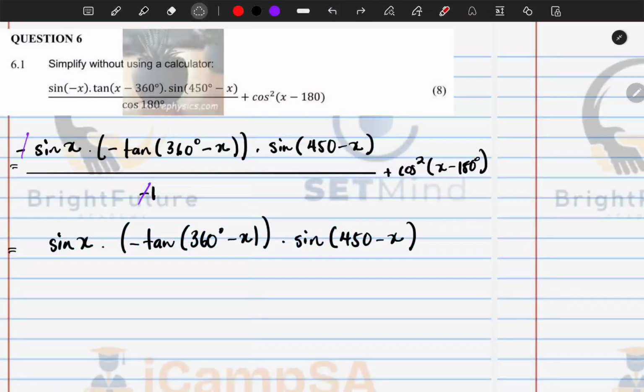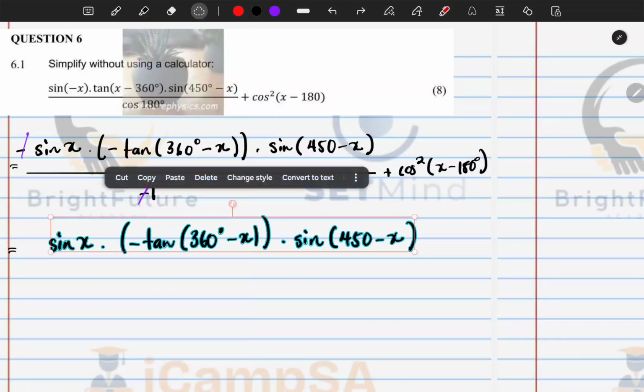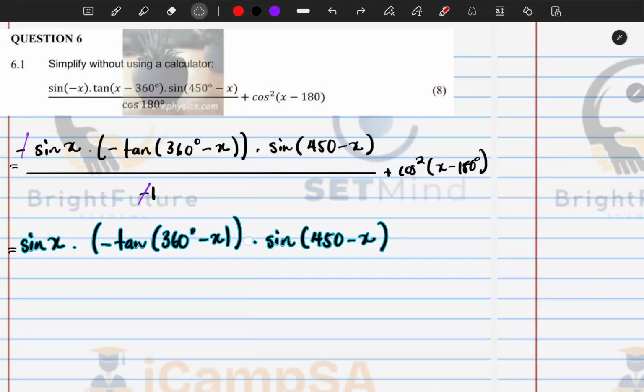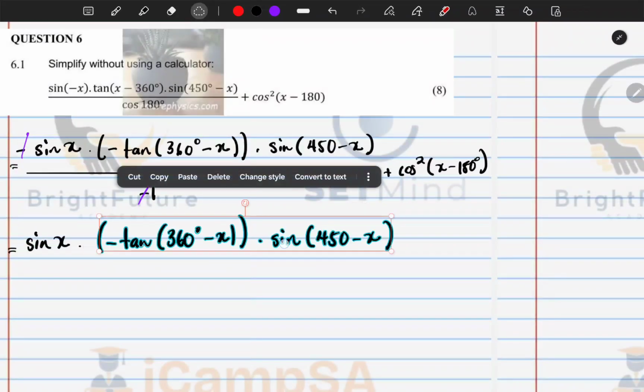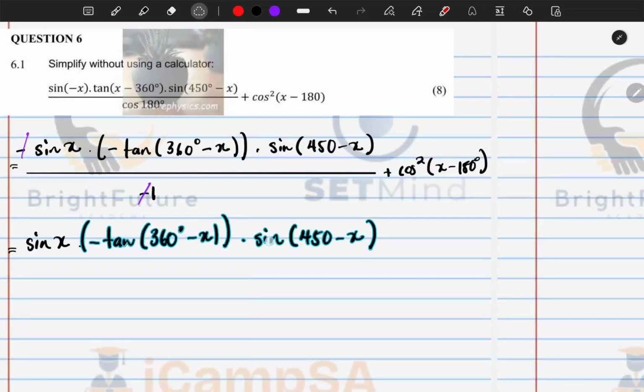I keep writing very big. I can still move this to here, and then I still have my plus cos squared of x minus 180 degrees.